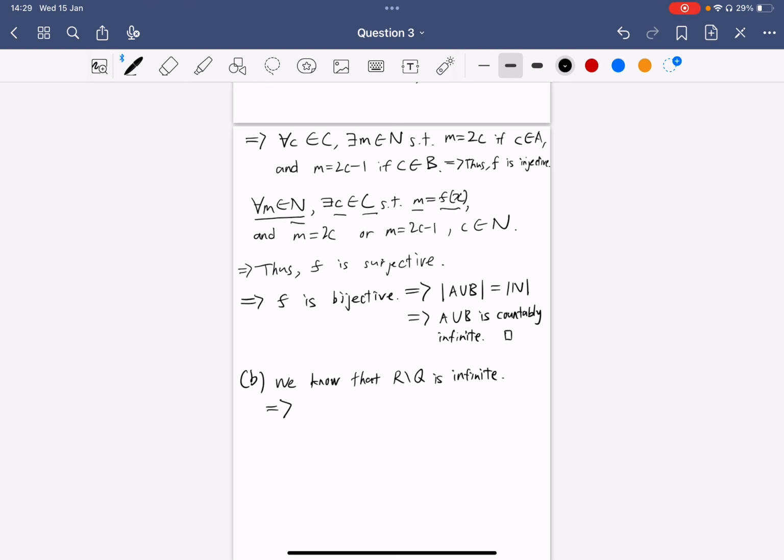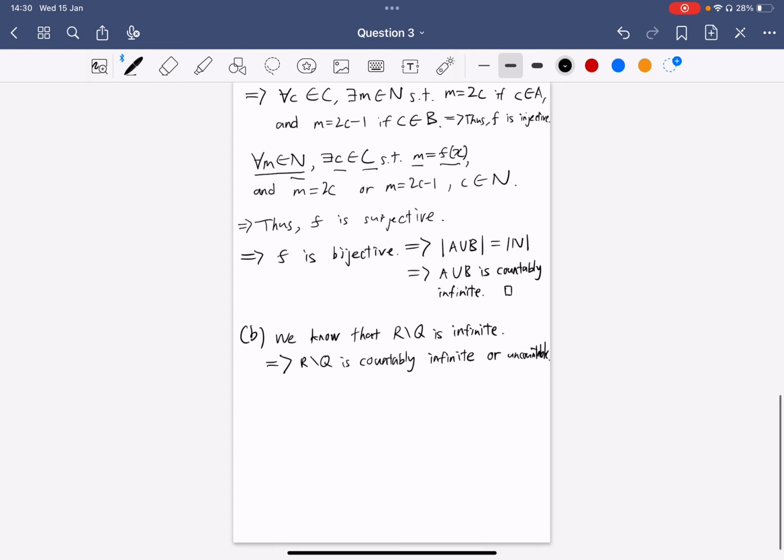Either R minus Q is countably infinite, or R minus Q is uncountable. Right? R is uncountable.